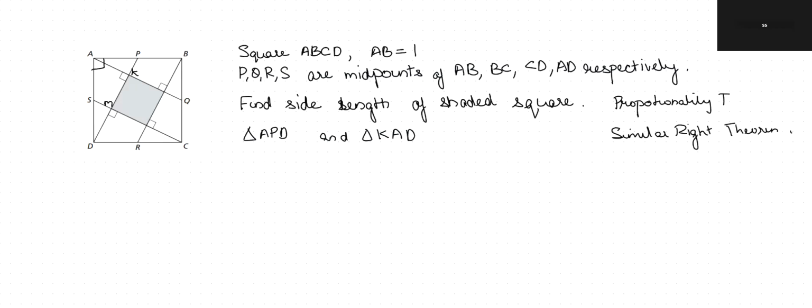So angle A is congruent to K, which is 90 degrees, in the triangle KAD. Then we can take angle D. Suppose this angle is X. It's common in both the triangles, so by reflexive property, we can say that they are equal.